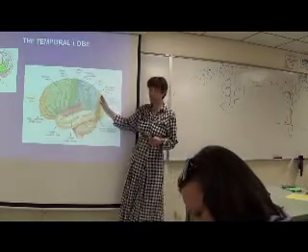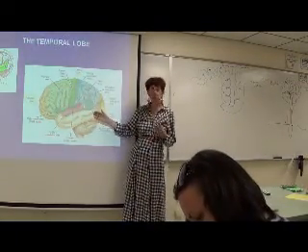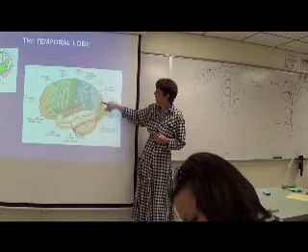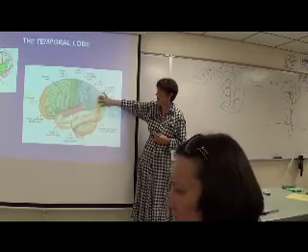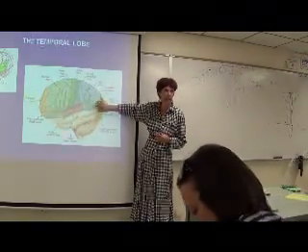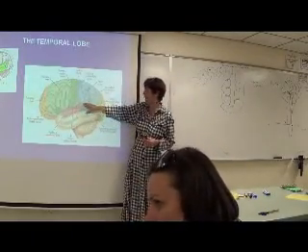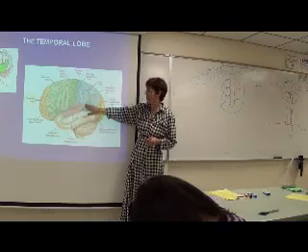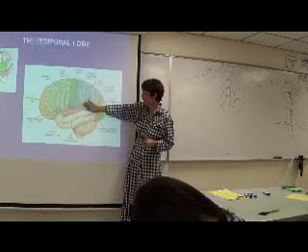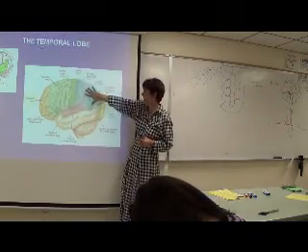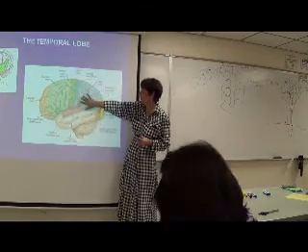So on the medial surface, we have the parietal occipital sulcus or fissure. On this surface, there's no really good groove that separates parietal lobe from occipital lobe. And even our lateral sulcus kind of peters out. So there's no real nice definitive separation, but essentially this area here is the parietal lobe.